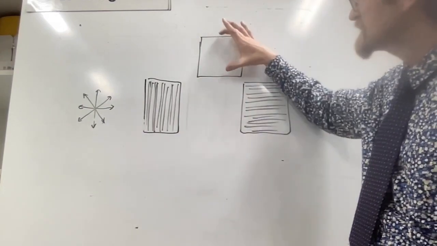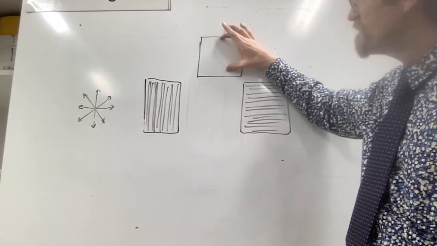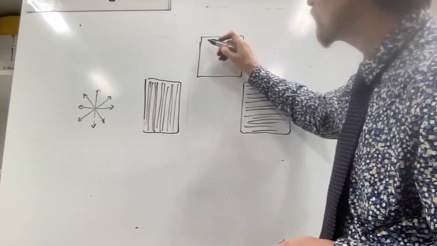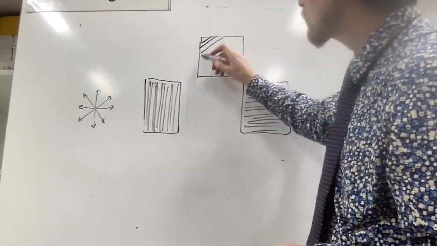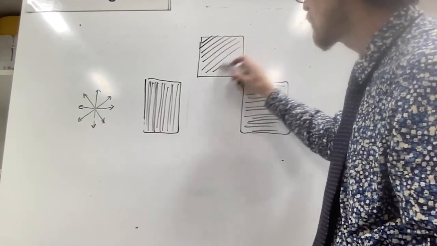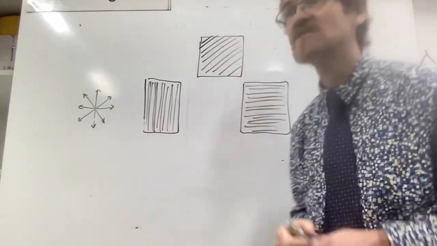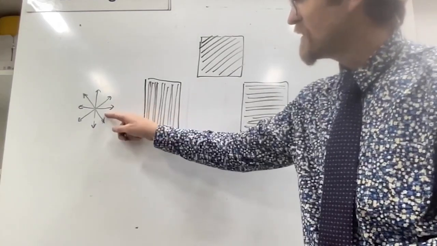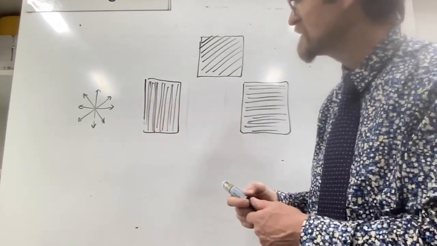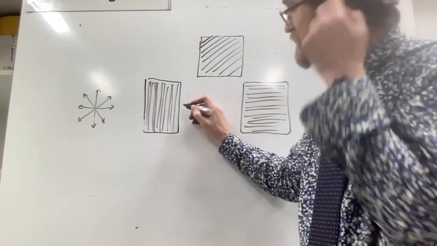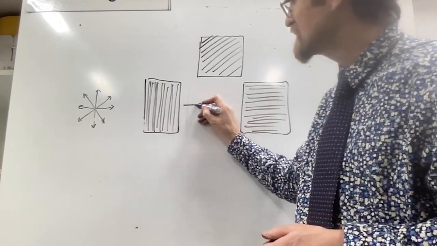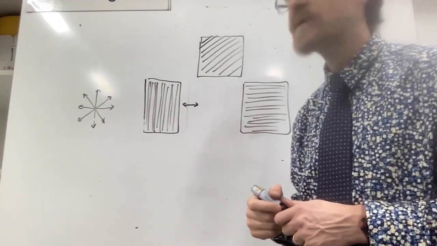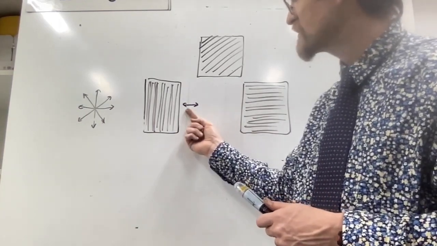If we place our third film between these two, and we orientate the third film so that the long chain molecules are diagonal, in that situation, as the light passes through this region, we end up with light that is polarized in the horizontal.